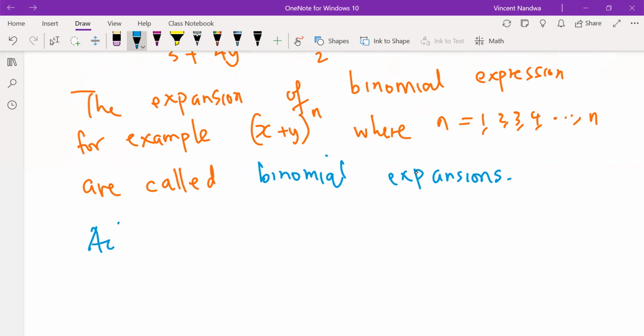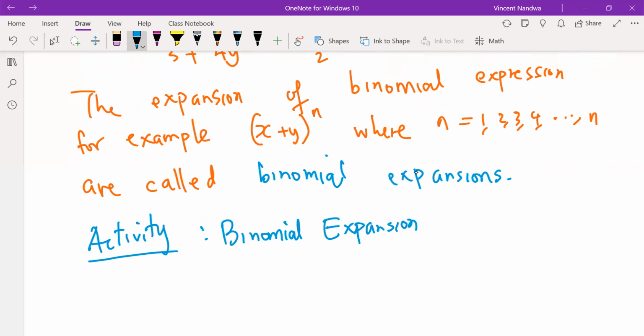So an activity: binomial expansion of an expression of the form (a + b)^n when n is 1, 2, 3, 4.